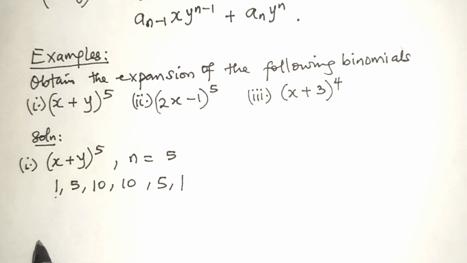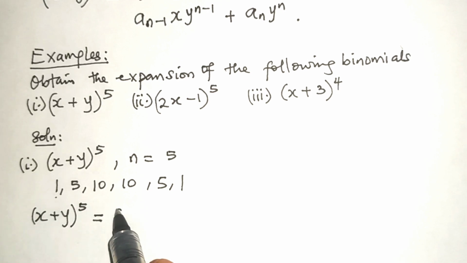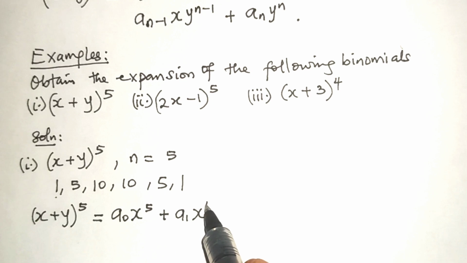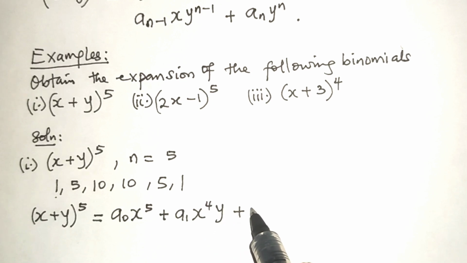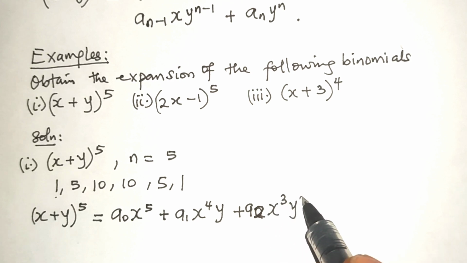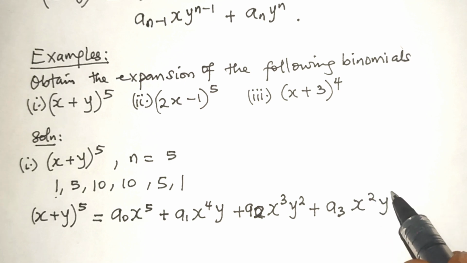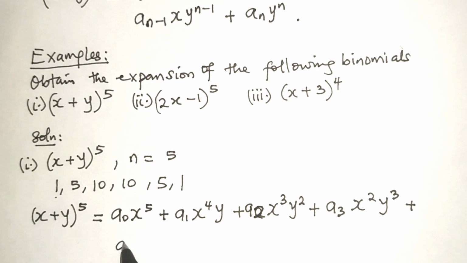The expansion is (x + y)^5 is equal to a0 x^5 plus a1 x^4 y plus a2 x^3 y^2 plus a3 x^2 y^3 plus a4 x^1 y^4 plus a5 x^0 y^5.